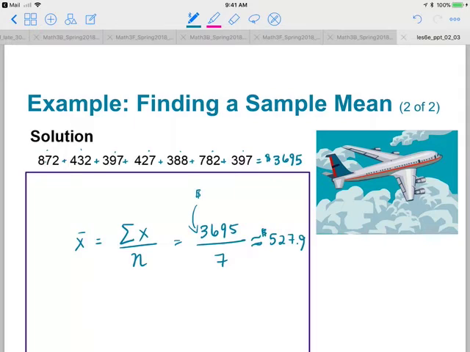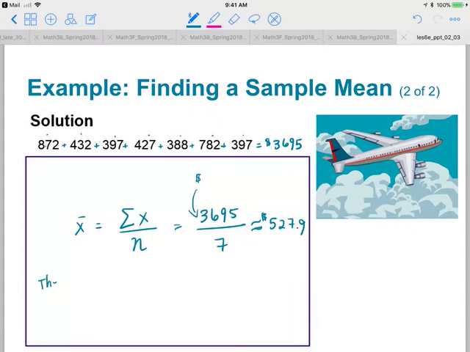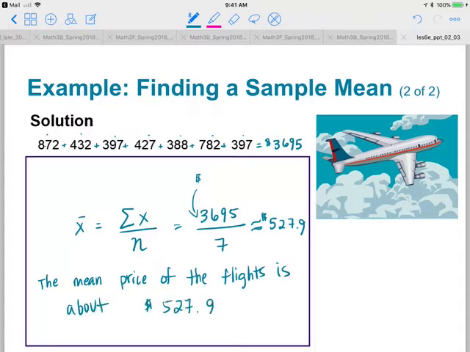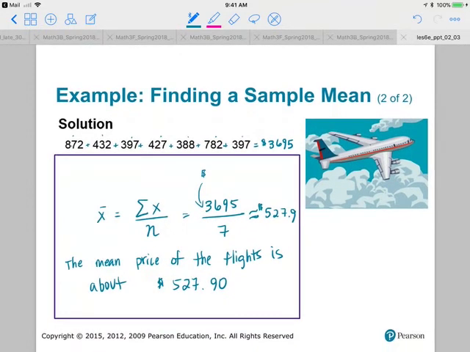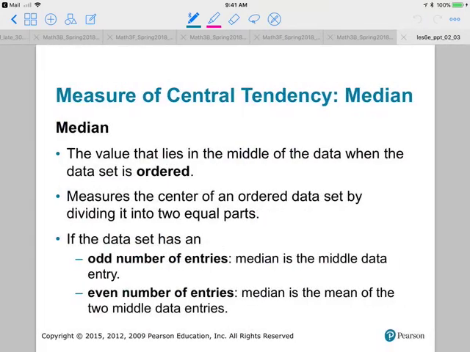So our mean is, the mean price of the flights is about $527.90.